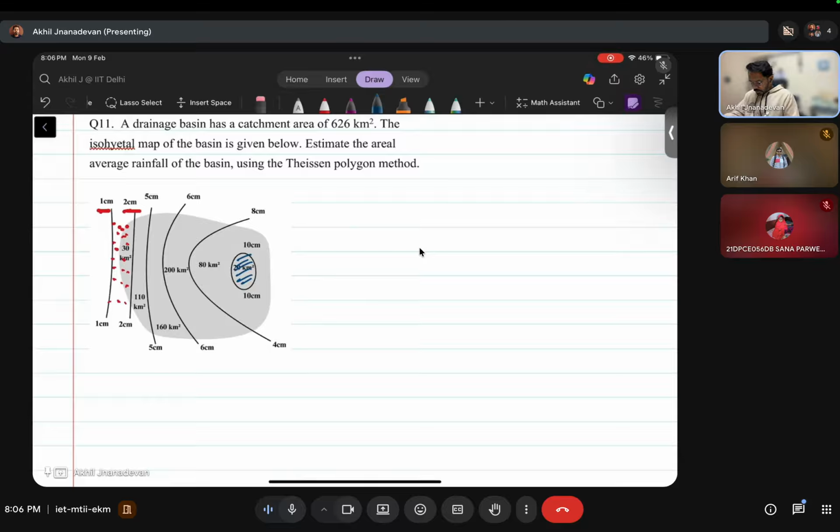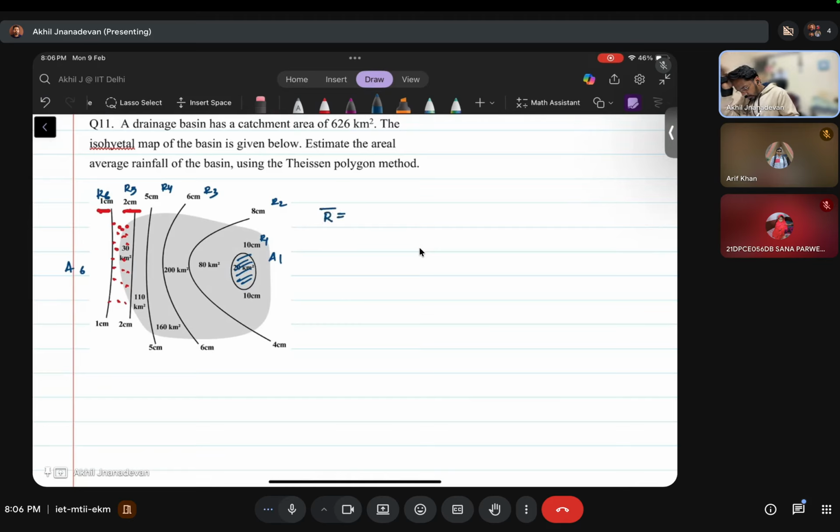So I'm calling the areas from this side A1, and this A7, A6, and these are the rainfalls R1, R2, R3, R4, R5, R6, right? Using this I can write the average rainfall.